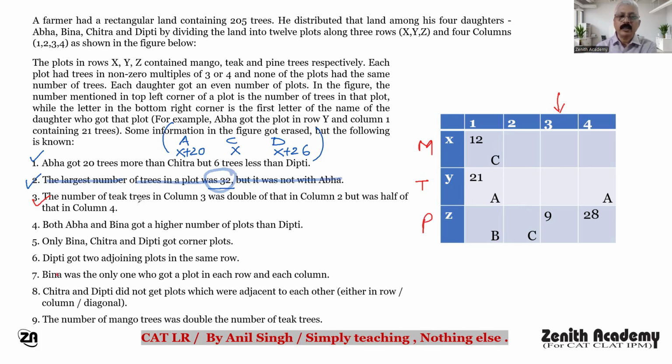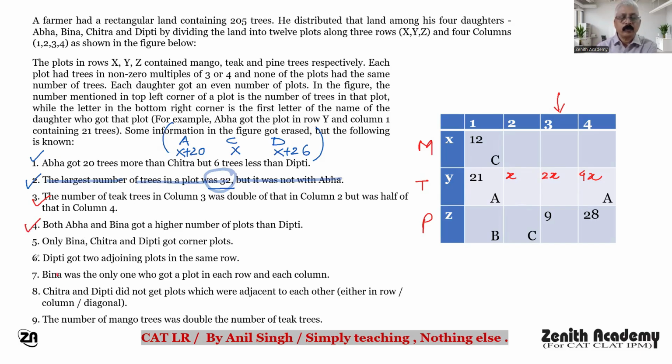Condition number 3: the number of teak trees in column 3 was double that in column 2, but half of that in column 4. So if column 2 has x, then column 3 has 2x and column 4 should have 4x. This is all about condition number 3.